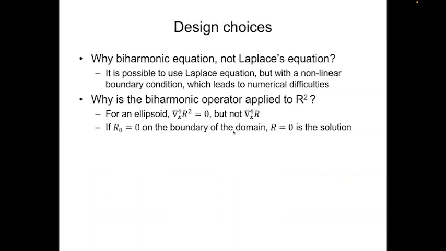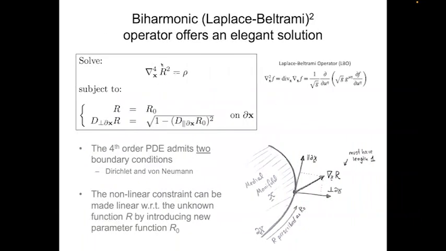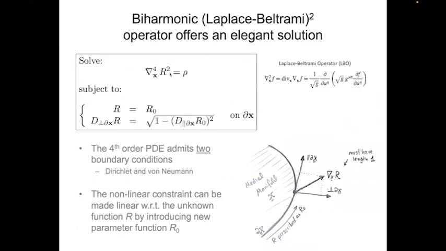So there are 2 reasons. One thing is, if you work it out for an ellipsoid, an ellipsoid with a major axis parallel to the XY plane, it's a very characteristic object with a single sheet medial axis.